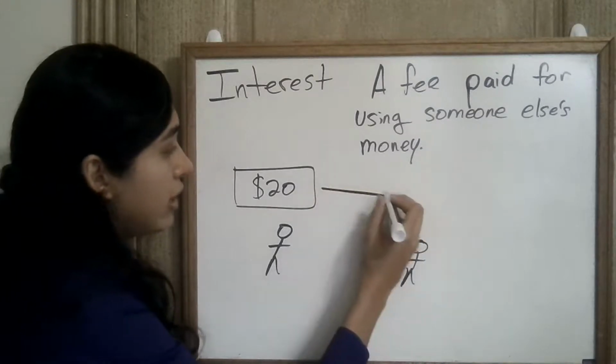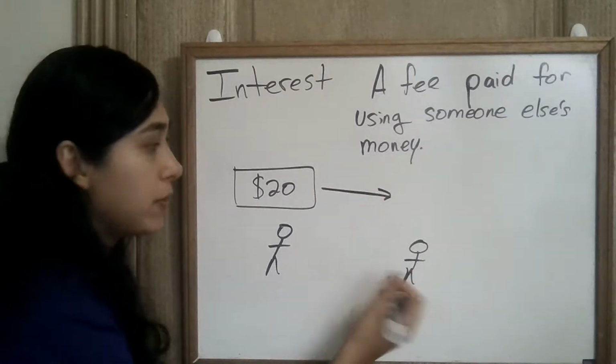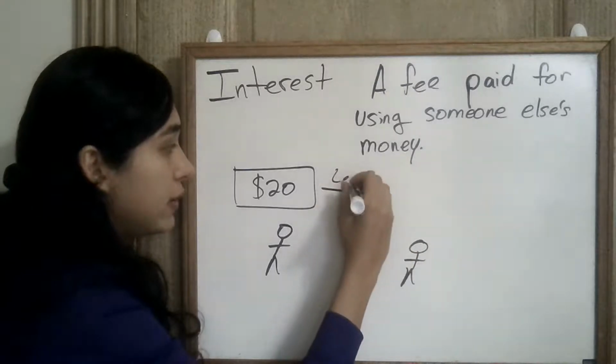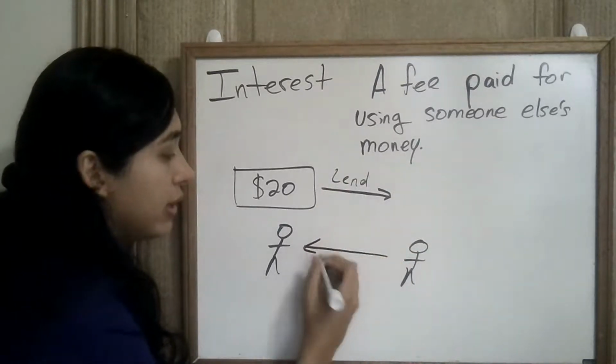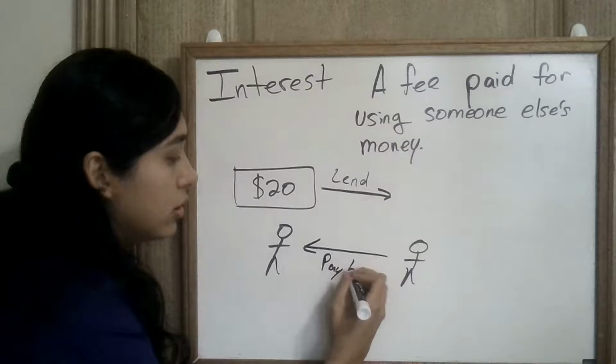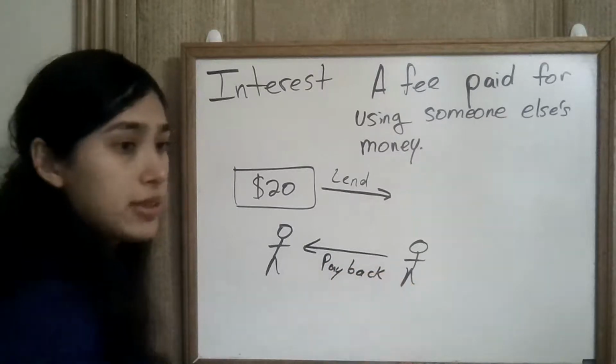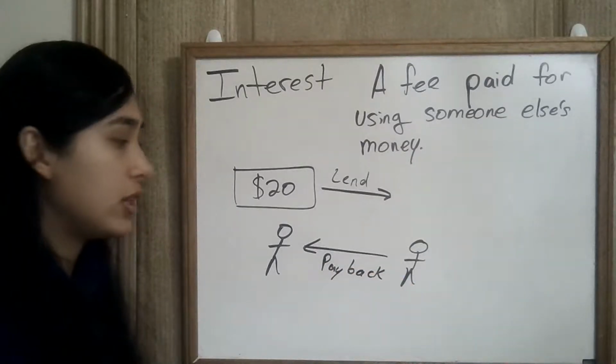So let's say you lend the $20 to this person, and then they pay back the $20. Well, you took on a risk of losing $20 if they didn't pay it back.